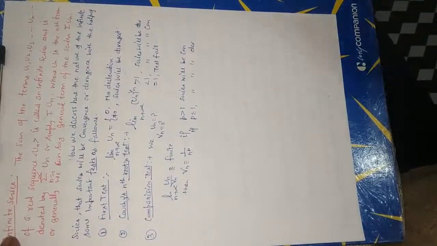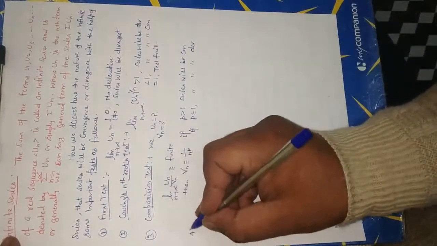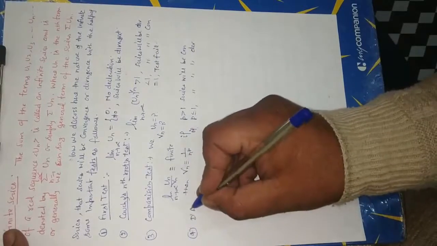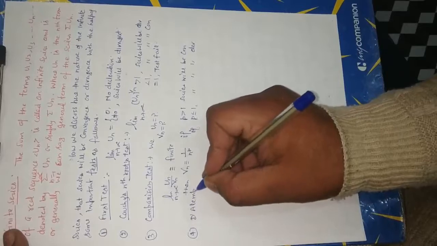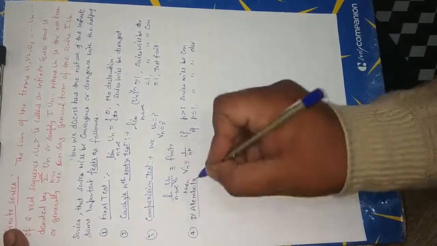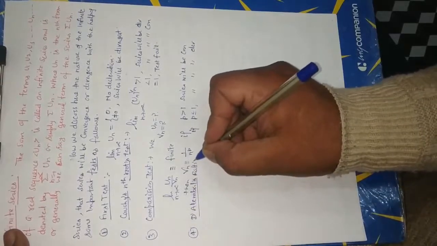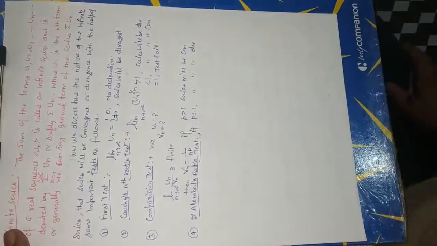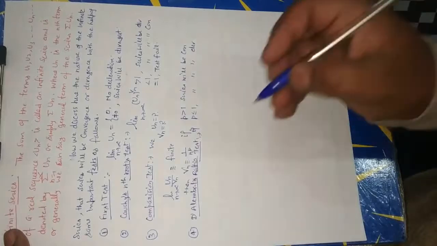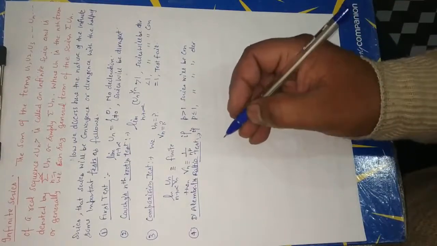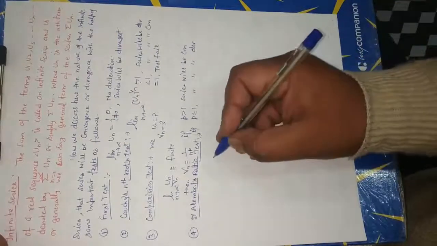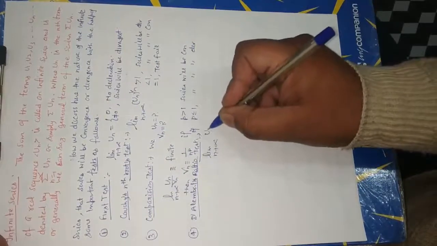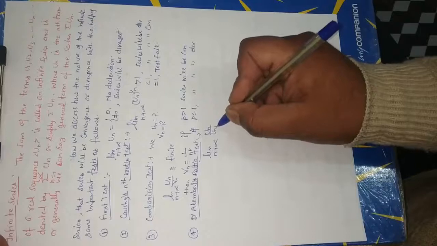Okay. Now the fourth test name is D'Alembert ratio test. In this test, limit n tending to infinity un upon un plus 1.